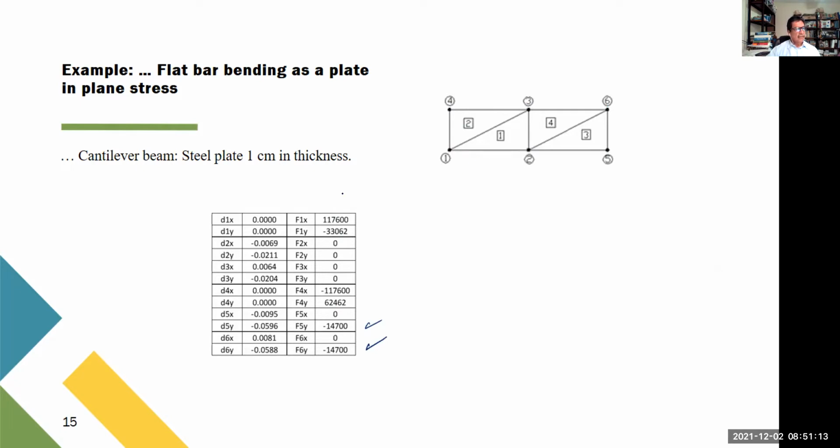You have the reactions. You see here that this is positive, very large, and this is negative, so it points downward.